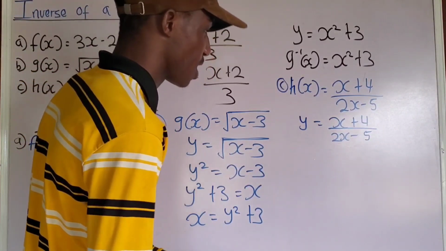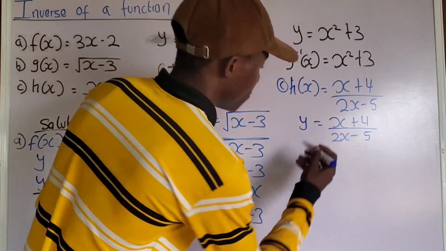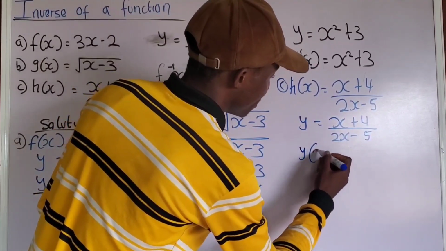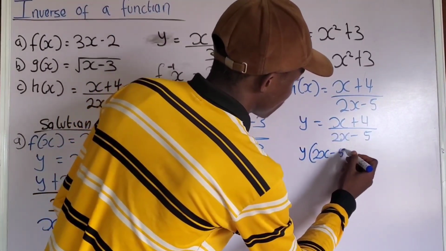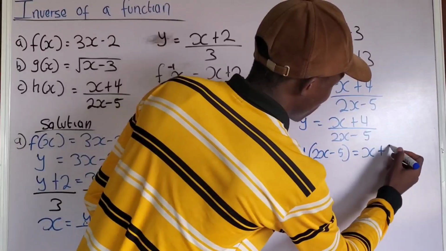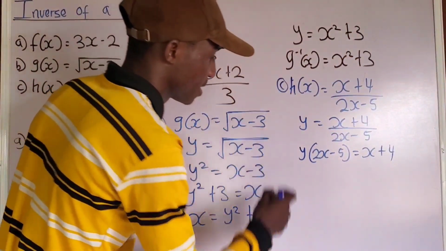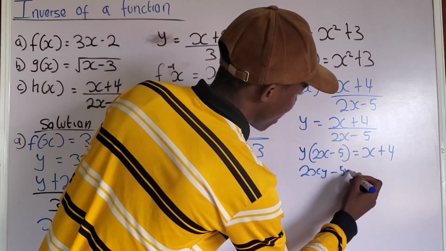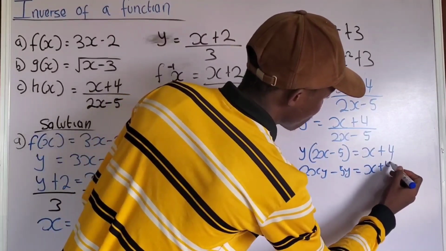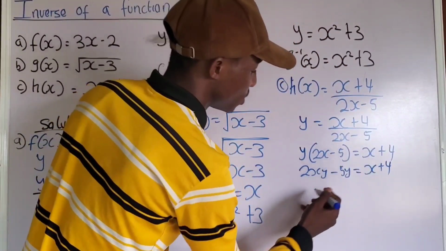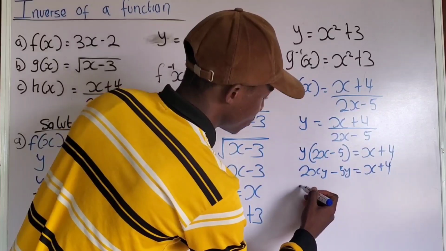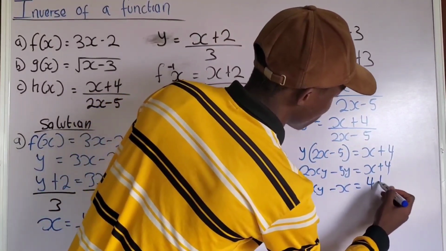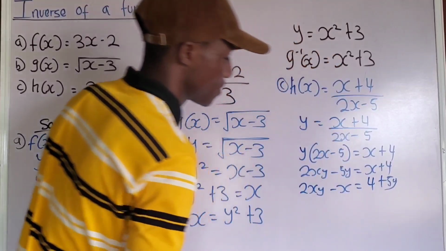Now make x the subject of the relation. I'm going to have y multiplied by 2x minus 5 equals x plus 4. Now 2xy minus 5y equals x plus 4. Take x to the other side: 2xy minus x equals 4 plus 5y.